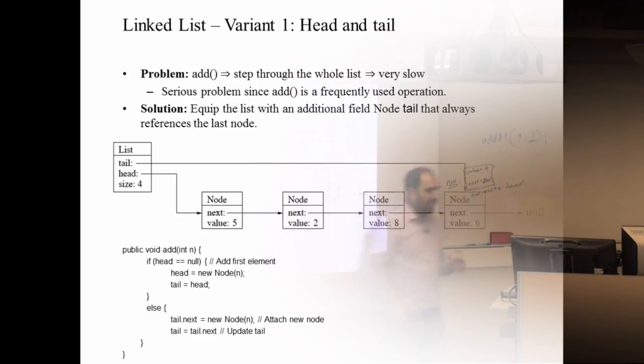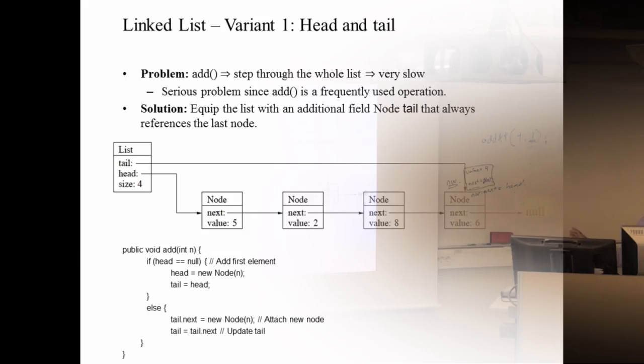As it says, the problem with the simple implementation is that to add elements, we need to step through the whole list. For example, if you have 100 elements at the beginning and you want to add another element at index 101, you first have to go through all the starting elements, from the 0 index until the end.